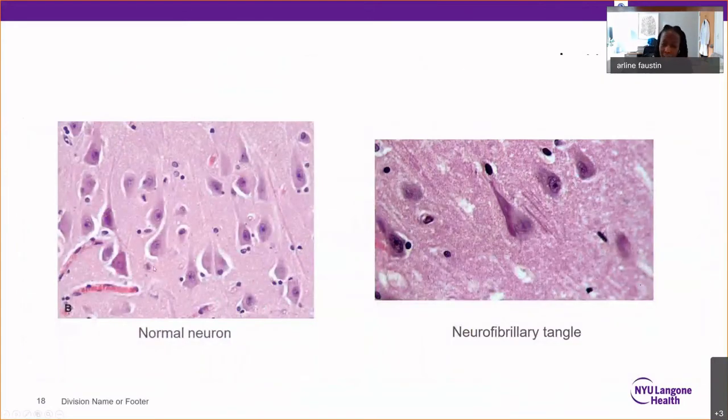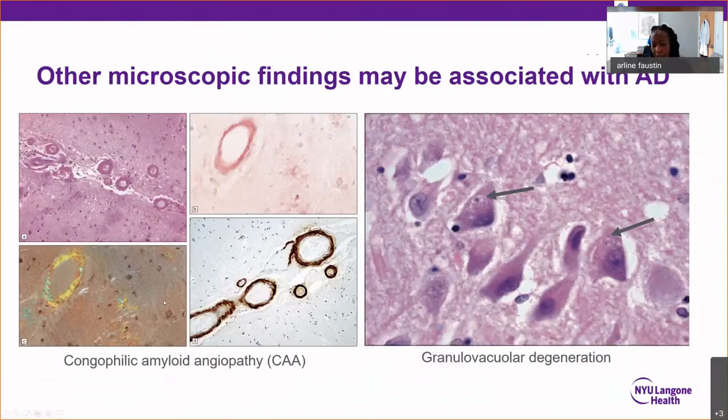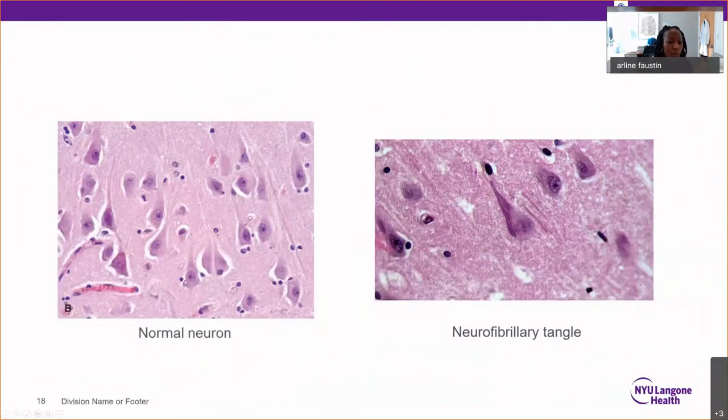Now, let me give you an idea of what a normal neuron should look like. So on the left, here are these neurons. They're triangular. You have this circular nucleus, and in the middle you have this really dark purple dot, which is your nucleolus. So look how healthy and plump they look, pretty good. Look to the right here.